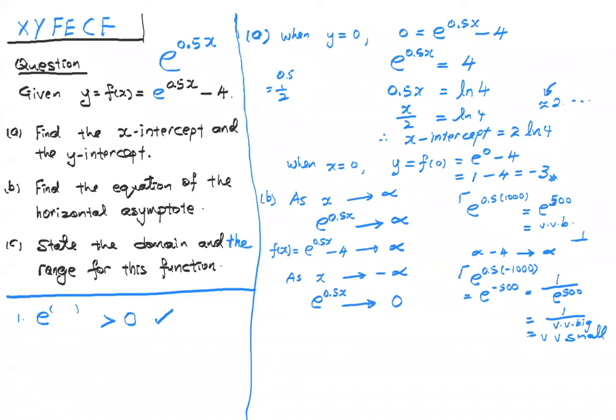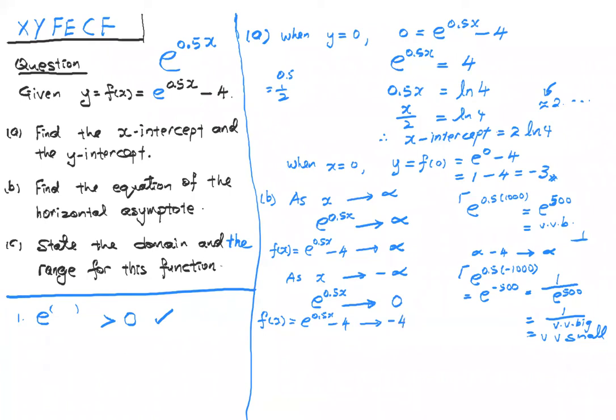So in maths, when the value is very, very small, we say it tends towards 0. So now what happened to my function f(x)? It will be e to the power 0.5x, take away 4. So this term will tend toward 0, and 0 take away 4 will tend toward -4.